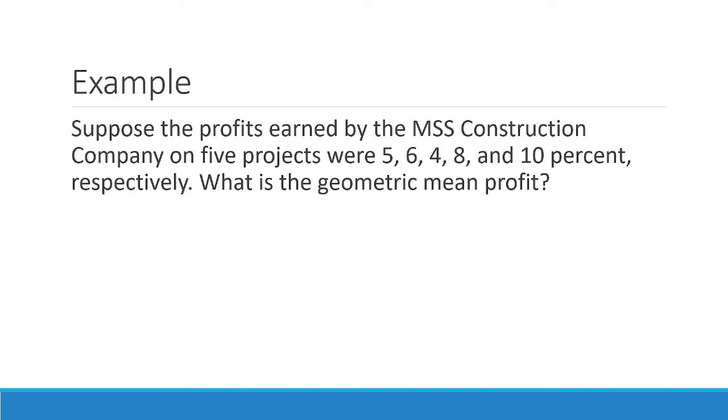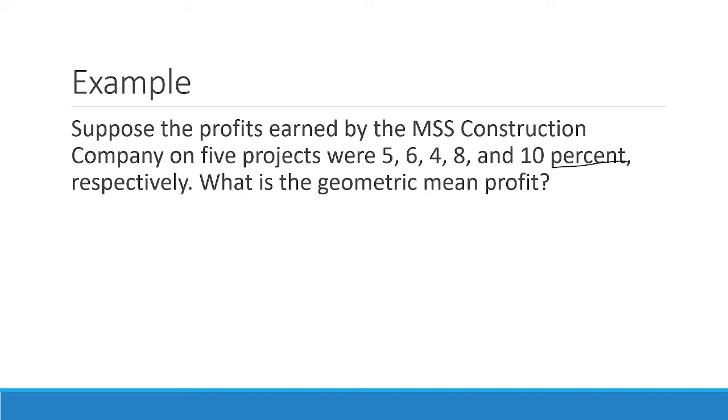So, for example, suppose the profits earned by MSS Construction Company on 5 projects were 5, 6, 4, 8, and 10% respectively. Okay? What is the geometric mean of the profit? So as you can see here, we have here 5 projects and they are expressed in percent.